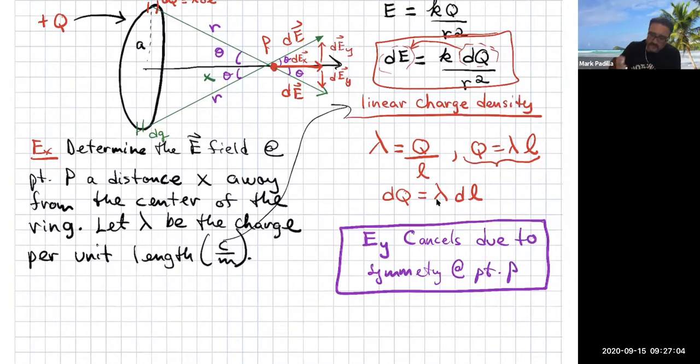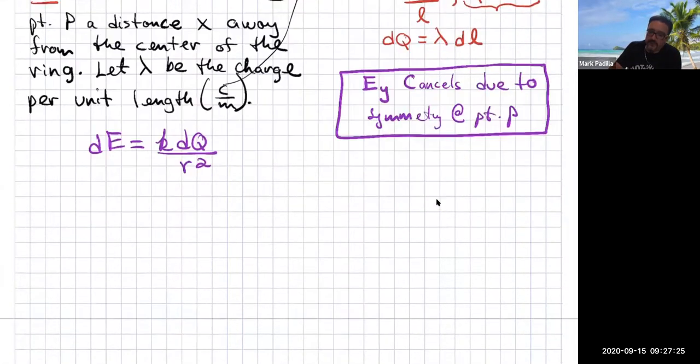All right, so let's look at just simply dE. dE is always going to be k dq over r squared. That's what you're always going to start off with, dE. Now the next part is you want to do your notes.